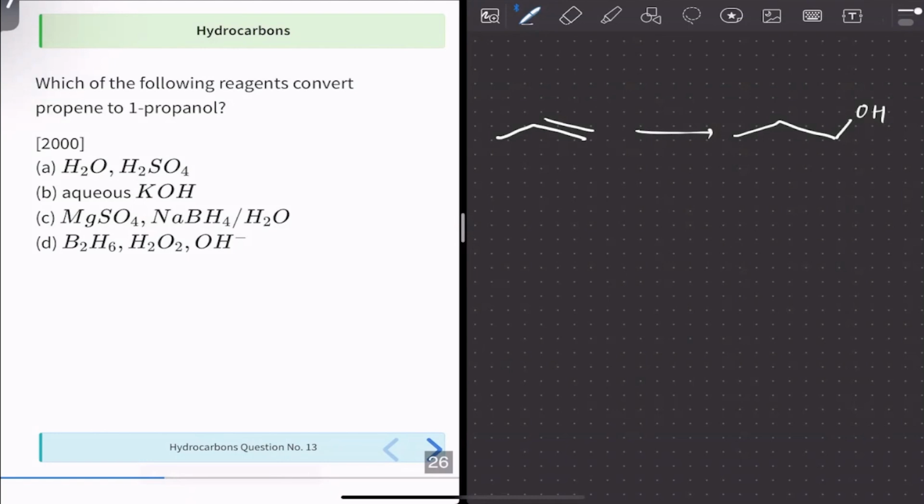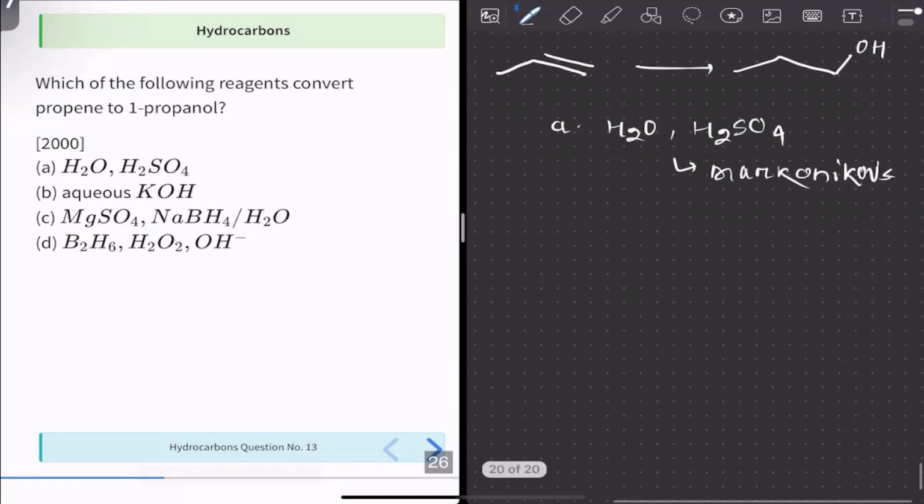For hydration with the reagent H2O, H2SO4, we'll use the Markovnikov route. So the OH here will be attached to the more substituted carbon atom.